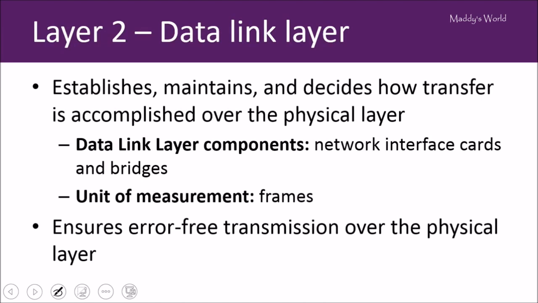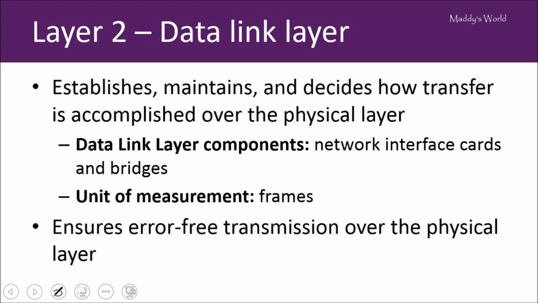All right. So now going back to talking about bits, as bits move up the stack from layer 1 to layer 2, they're going to become frames. The data link layer is going to establish, maintain, and decide how transfer is accomplished over a physical layer. So it's going to prepare your data for transmission on that physical layer.